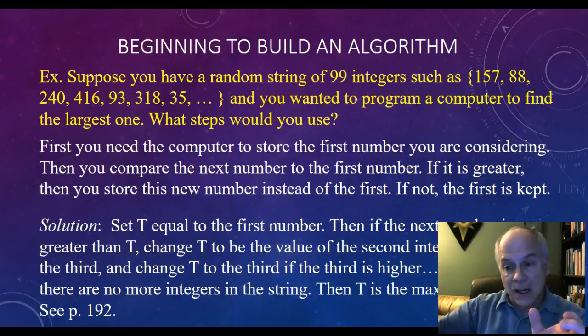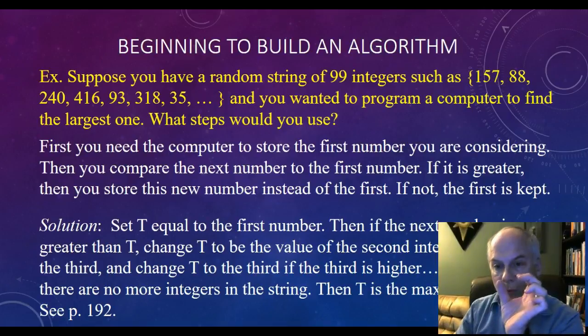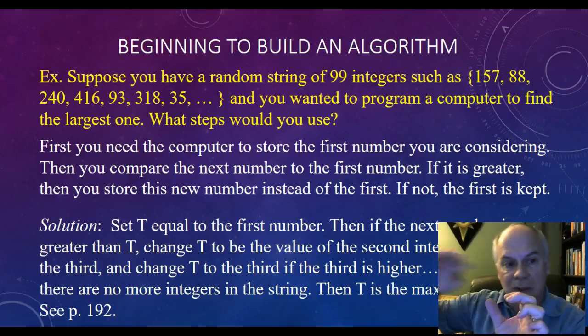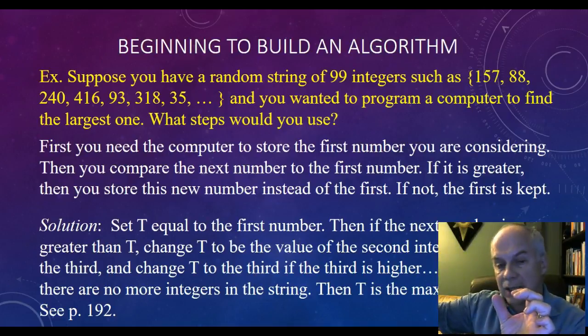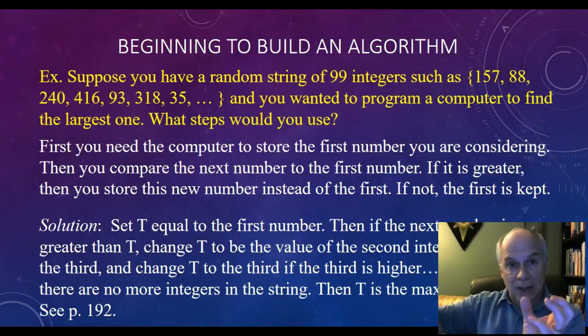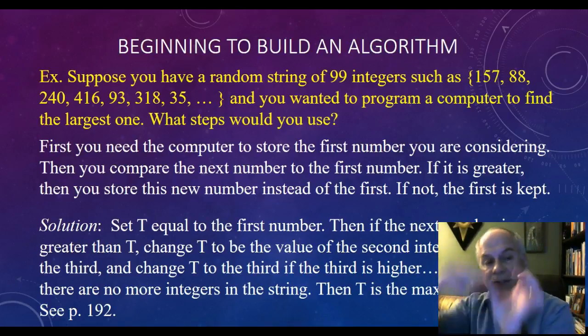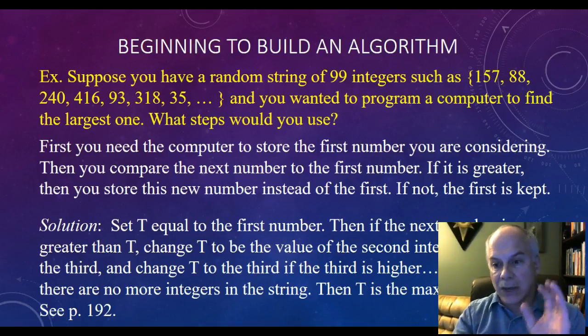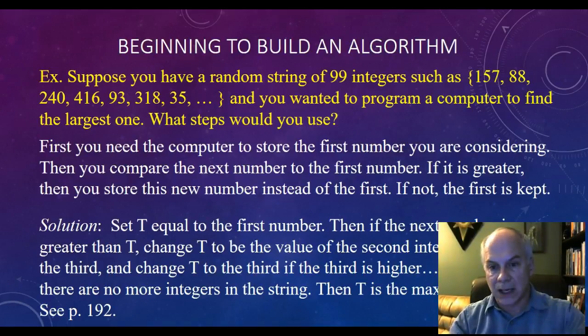Well, yes. So then it'll make 240 the number that we'll be comparing to, and we'll look at the next number, which is 416. Now, is 416 greater than 240? Well, yes. So it'll change 416 to be the number that we're comparing everything to. So that's how a computer would have to go through the list and decide which one is the largest number.